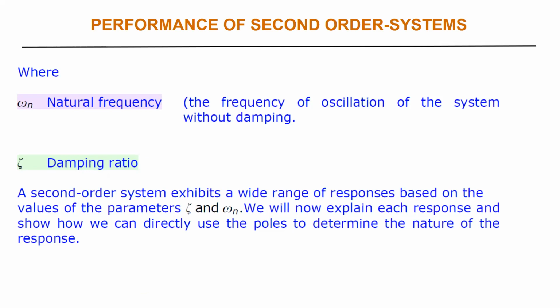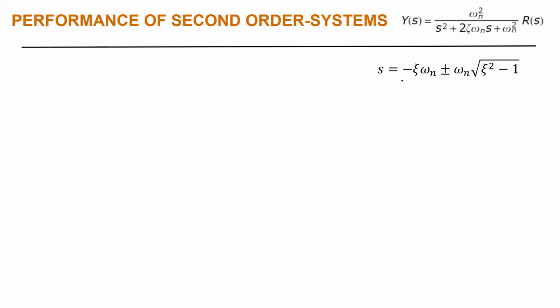Okay. Now, the second order system, as I said, will be characterized by the parameters zeta and omega n. What we want to do now is look into the performance of the second order system. This is the system, and we said it has two poles: one at minus zeta omega n plus omega n root of zeta squared minus 1, and the other at minus zeta omega n minus omega n root of zeta squared minus 1.